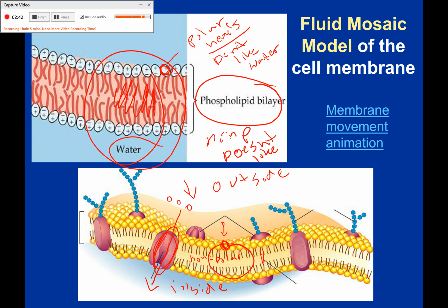So water can't go through because this is water hating. In order for water to get in, you need these aquaporins, or these protein channels, that allow things to get in and out of the cell. So on that question that says what are protein channels, they allow things to go in and out of the cell.